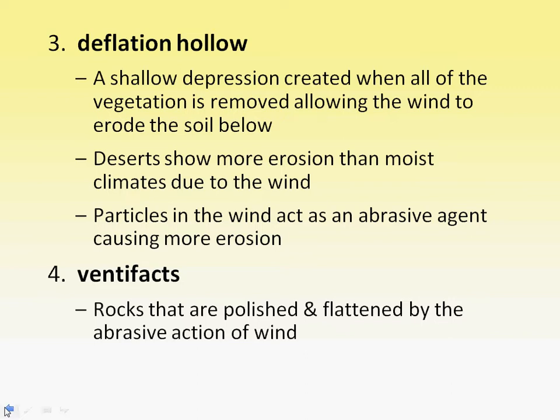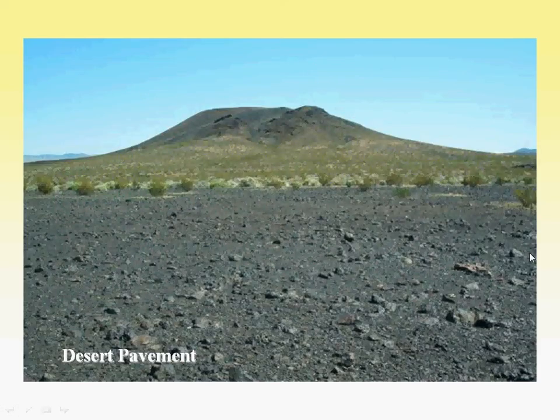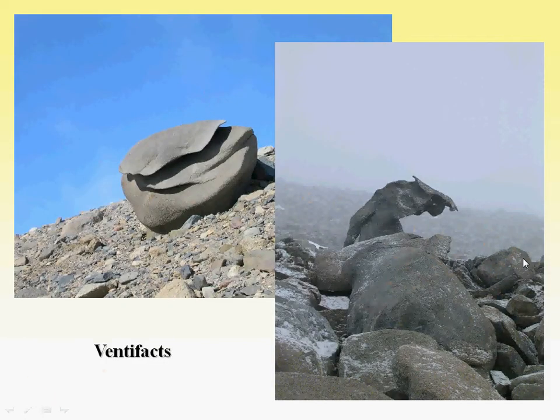These rocks were just like this hole, and as they were, sand kept blowing through, blowing through, and the areas that were lighter basically eroded away. So you can see a ventifact is a rock that's been sandblasted and polished by sand.